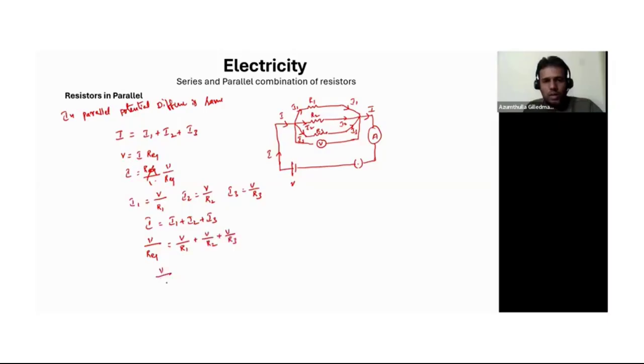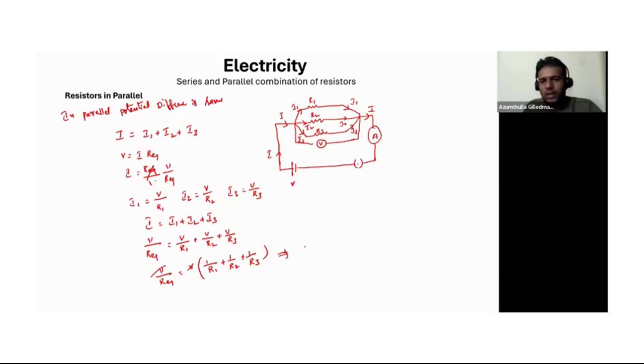So V by R equivalent equal to, if I take V common from this, then it is 1 by R1 plus 1 by R2 plus 1 by R3. So V I can cut.